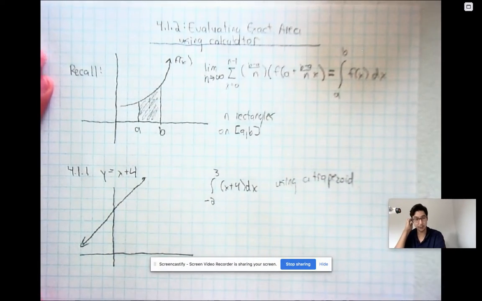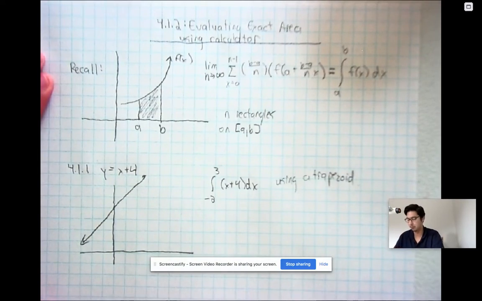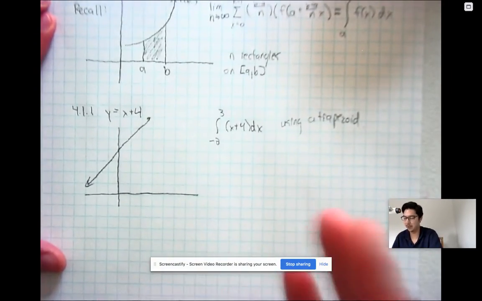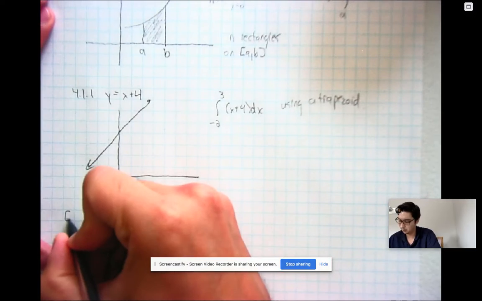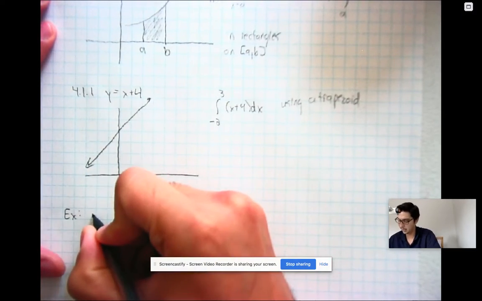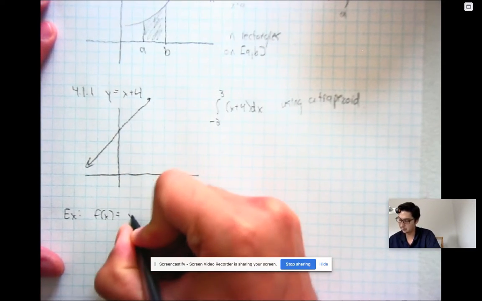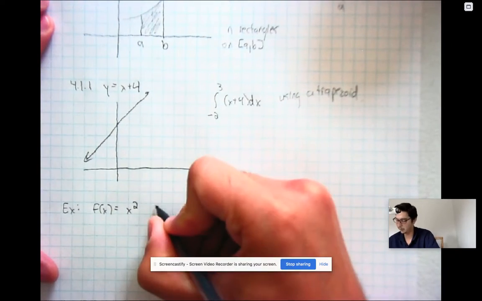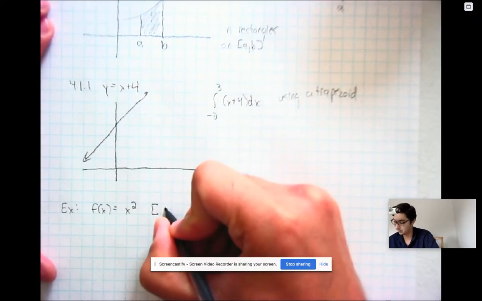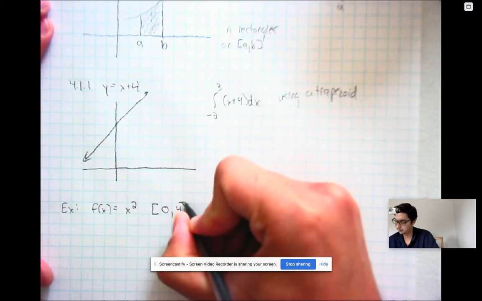That's great. However, there's not an infinite amount of shapes, and functions can be all sorts of things. So what if we had the function f of x equals x squared, and we want to evaluate the integral from 0 to 4?